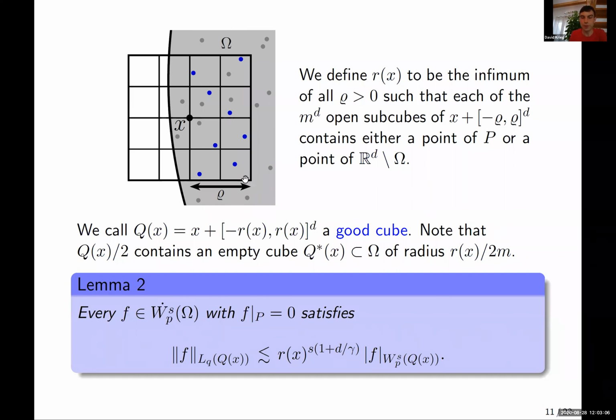So if we take maybe half the radius, this means that one of the subcubes is empty of P. So if we consider the cubes of half the radius, which I denote by Q of x half, the center should be the same, then we have one of these cubes which is empty and contained in omega. Yeah, so it does not contain a point outside omega, and it does not contain a point of the point set. We are going to use that for the lower bound.